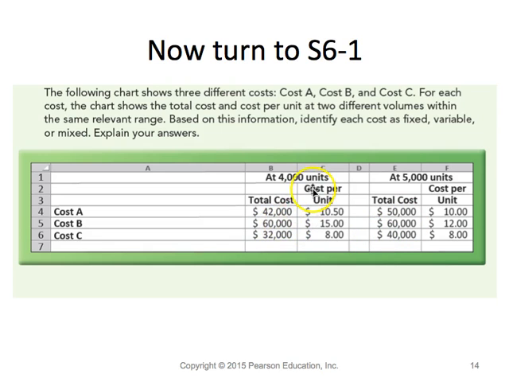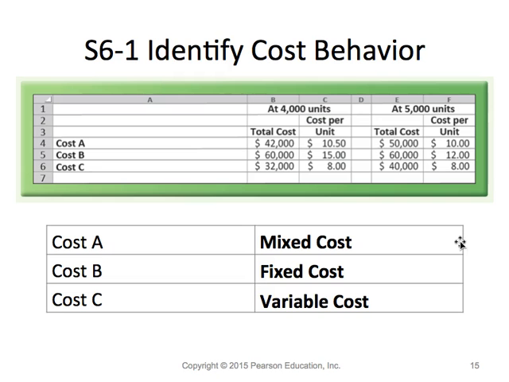Here's another one: at 4,000 our cost per unit is 8, and at 5,000 our cost per unit is also $8. It means the unit cost is constant, so it's a variable cost. So here's the answer: the first one is mixed cost, the second one is fixed cost, and the third one is variable cost because the unit cost does not change.